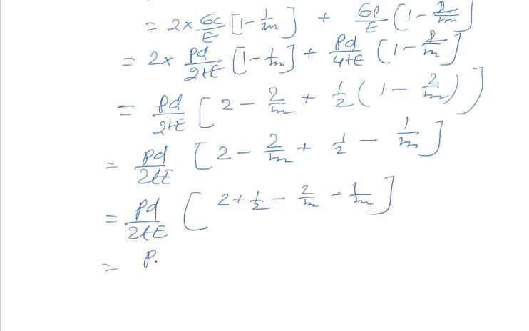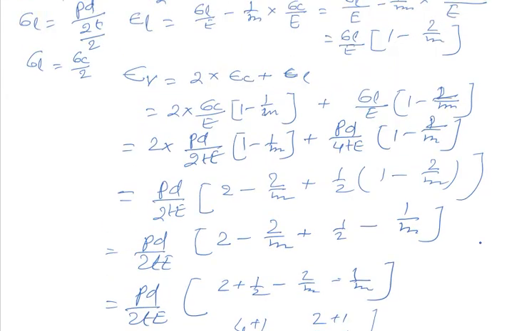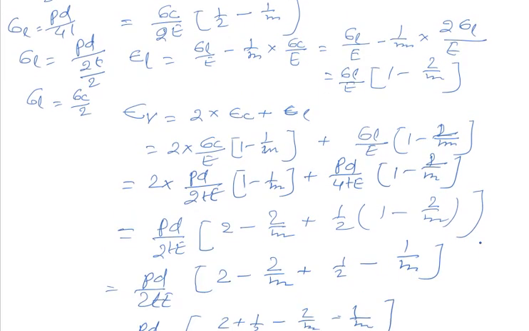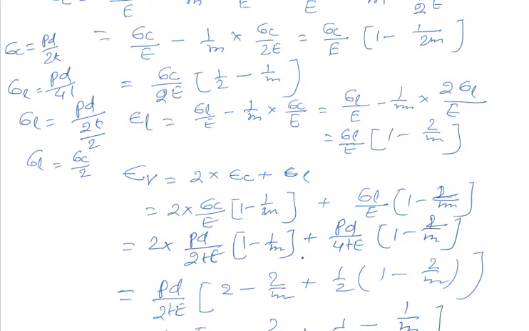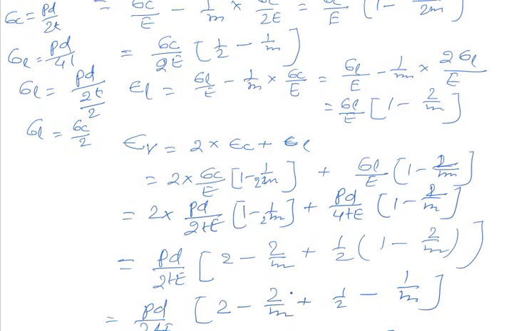Now PD by 2 TE into... Here I have made one mistake, that is this value is how much? The value of circumferential strain, that is 1 minus 1 by 2m, this is 2m, correct.